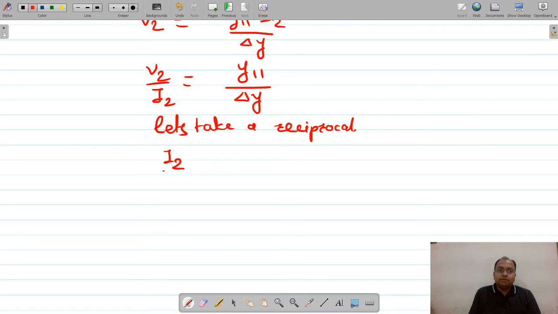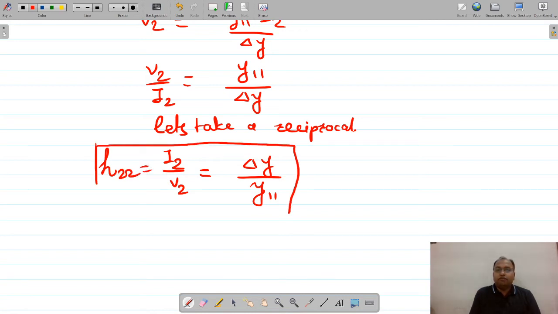Therefore I2 by V2 is equal to delta y divided by y11, and that is nothing but my H22. That's it. So we have converted H parameters in terms of Y parameters.